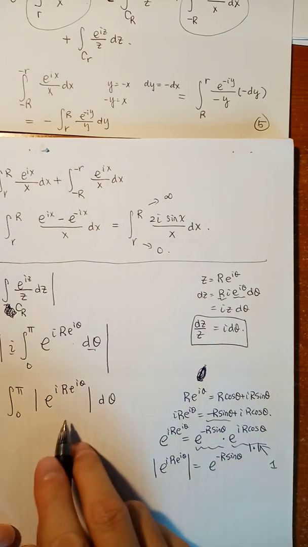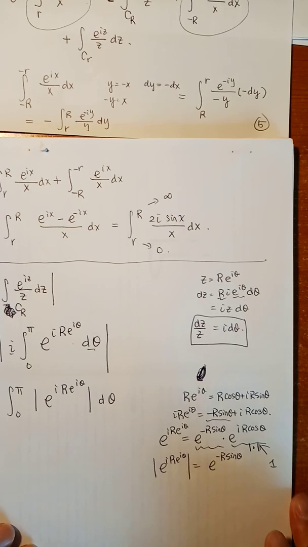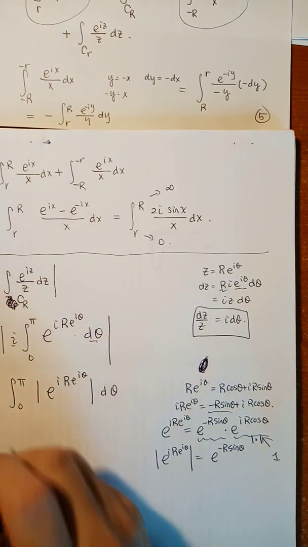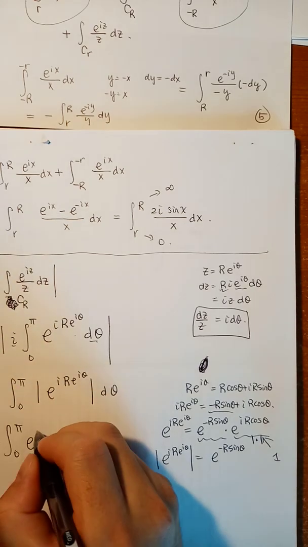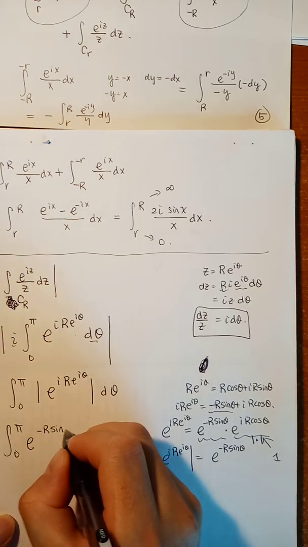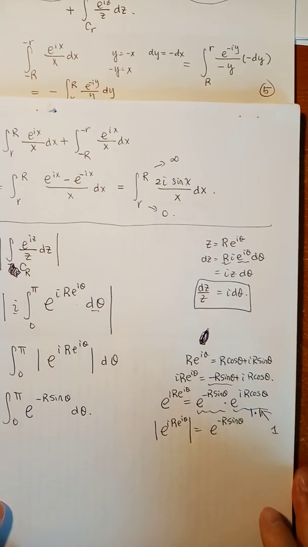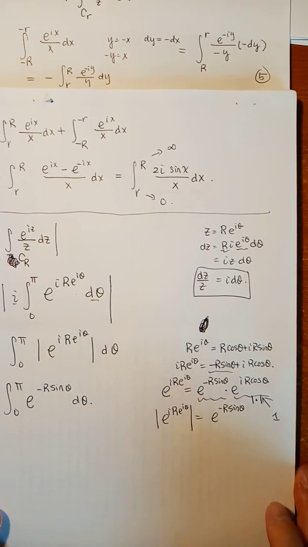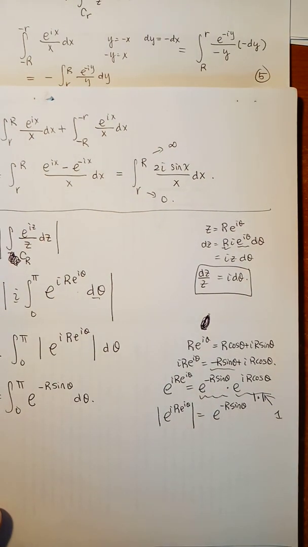So this integrand part is e to negative R sinθ. Okay.